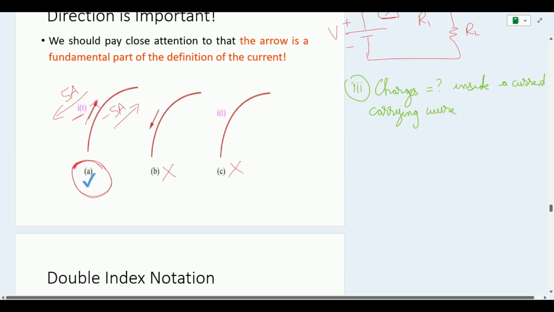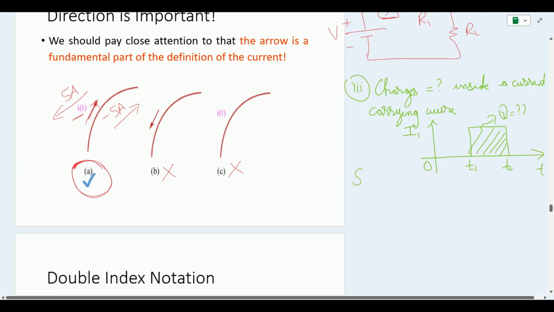Let us say I have been given a graph that shows the behavior of this current. The vertical axis contains the value of the current, let's say I1, the horizontal axis is the time axis, and let's say I want to know what the charges are between these 2 points T1 and T2.